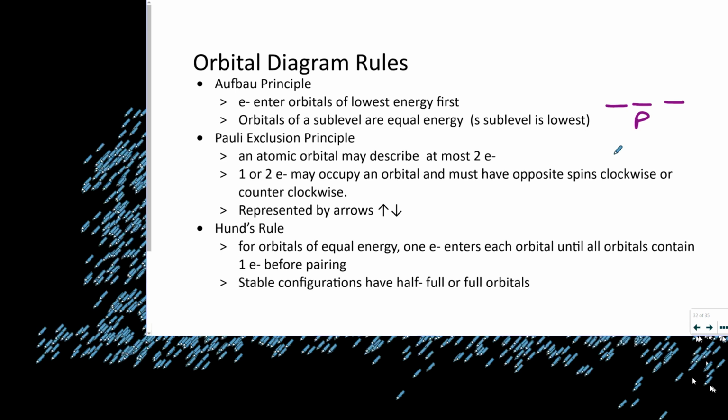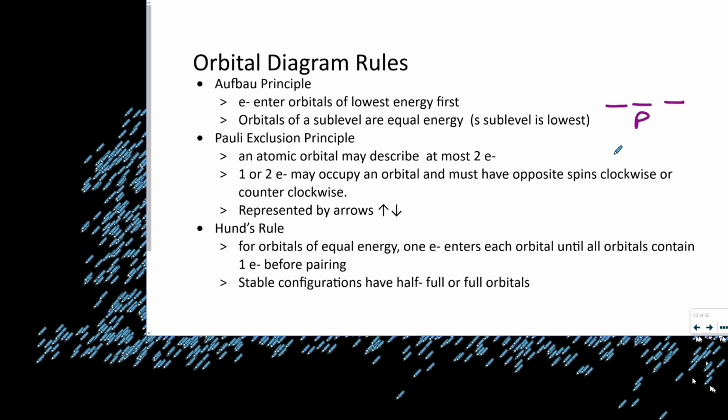So if there are 2 electrons in the same orbital, they have to have opposite spins. And the way that we represent the spins is by arrows. So we will show the arrows pointing in different directions to show that the electrons have different spins. So like one will spin up and the other will spin down.